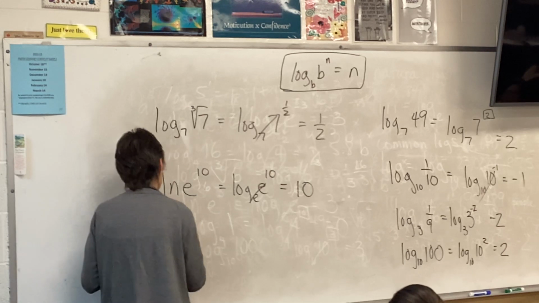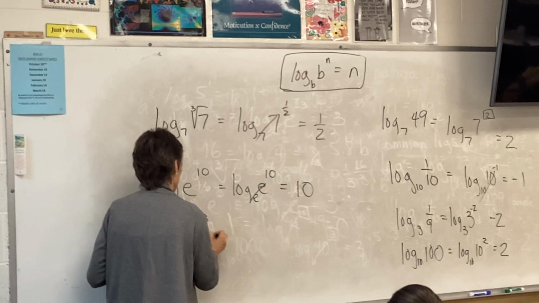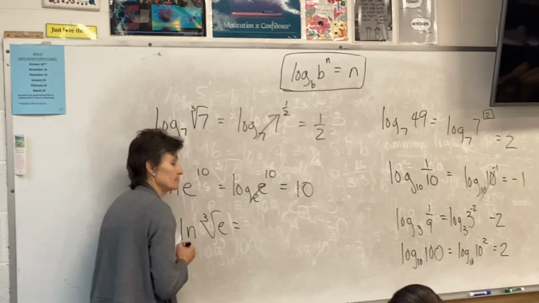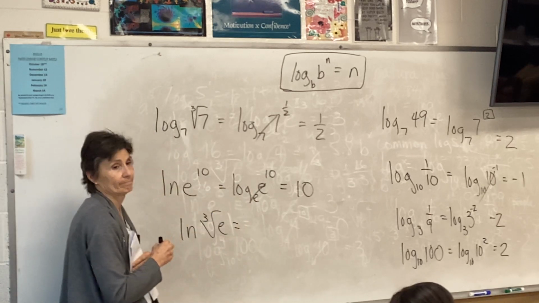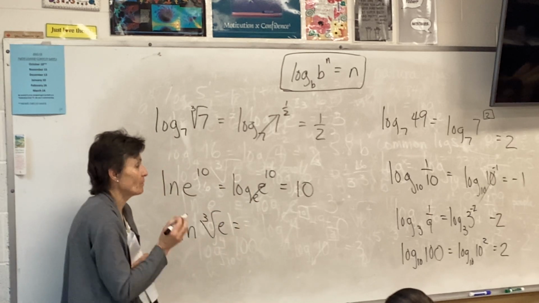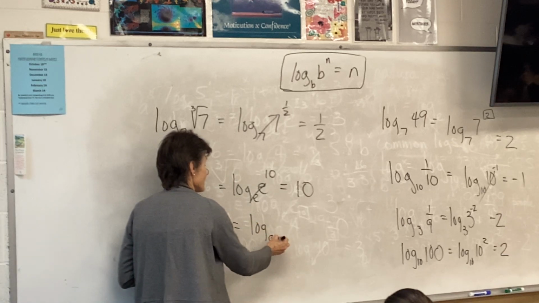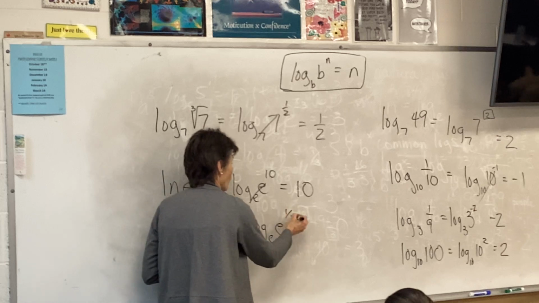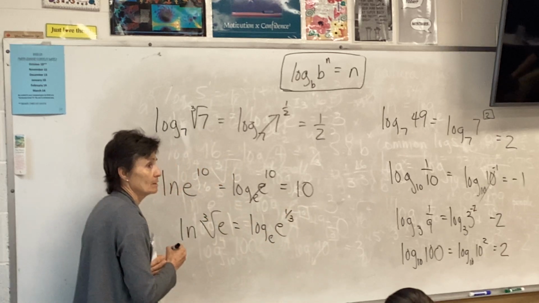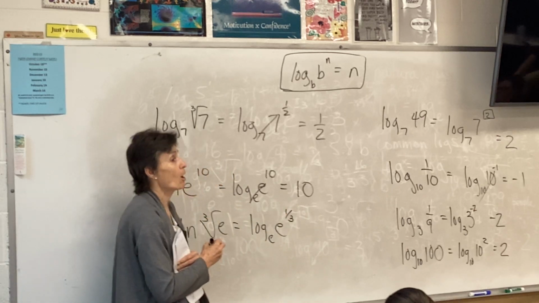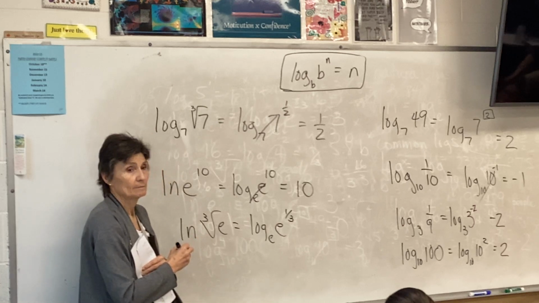How about ln of the cube root of e? You're getting the hang of it. She said 1/3, she's not even working it out. This is log base e of e to the 1/3. Cube roots are 1/3.